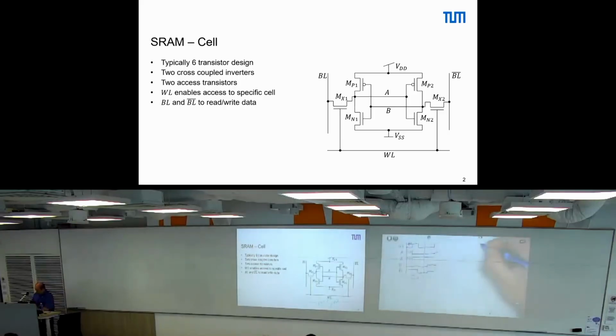Because you can envision this as, I just draw maybe A. This goes to the bitline, right? There's a switch, because that's the transistor which is there, that's just a switch. We have node B, yeah?